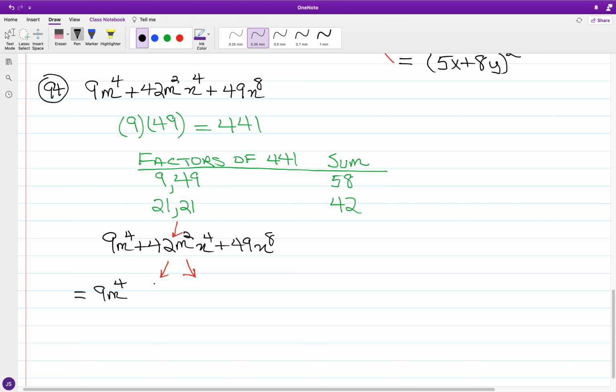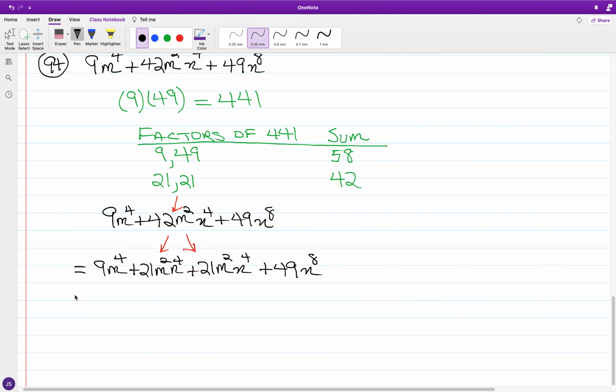Alright, so you have 9m to the fourth plus 21m squared n to the fourth plus 21m squared n to the fourth plus 49 n to the eighth. Okay, and so we are in the realm of factoring by grouping.